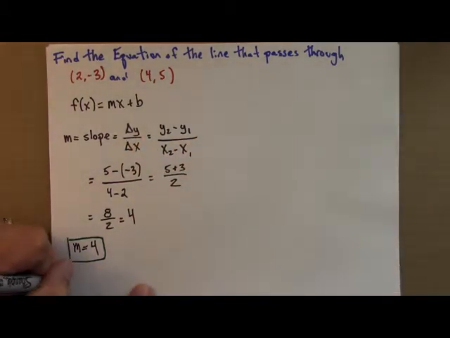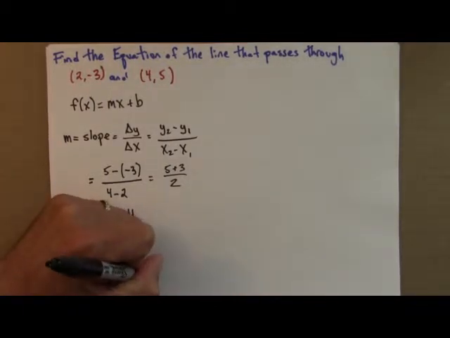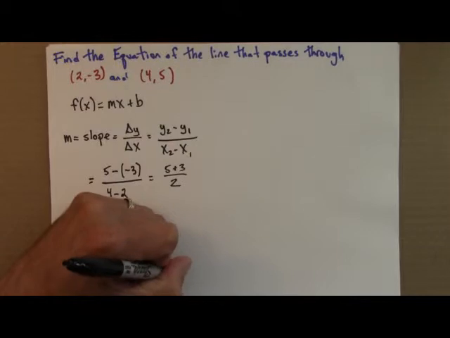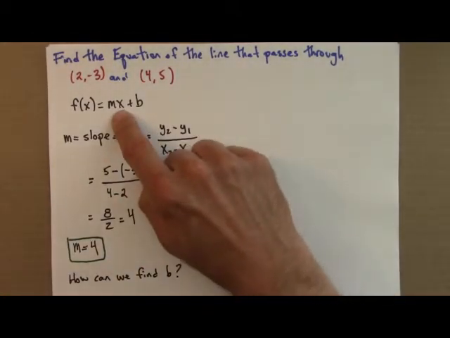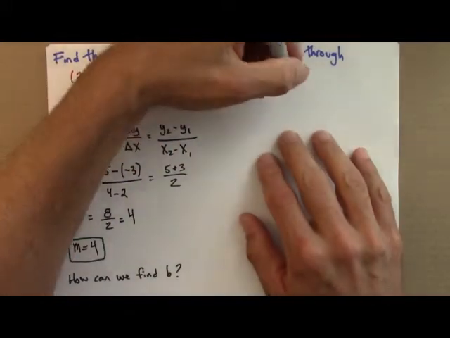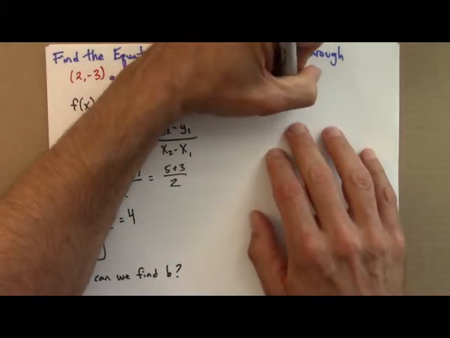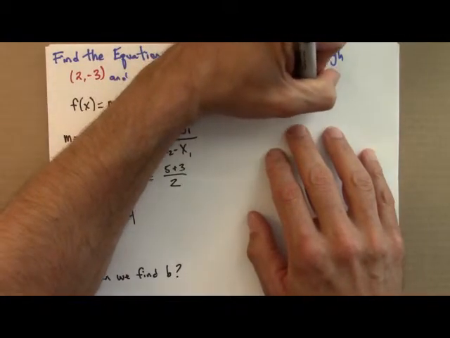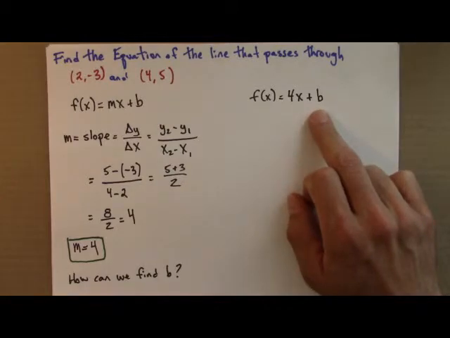So let's see, how can we find b? So I'll move up here, and I'm just going to plug in m equals 4. So now I know that whatever this line is, its equation is 4x plus something. And I want to figure out what that something is.